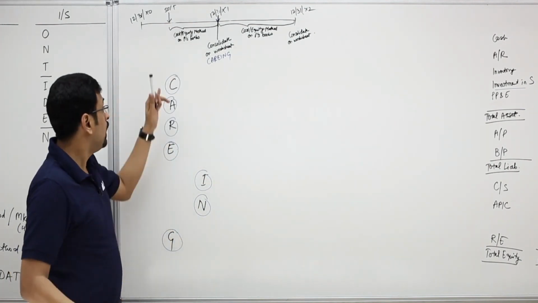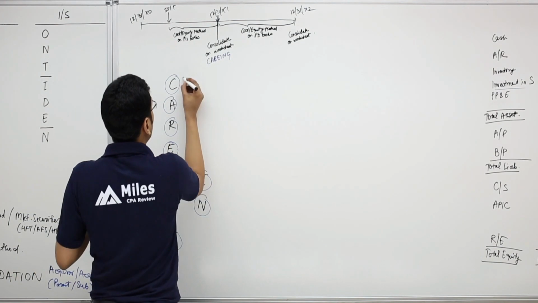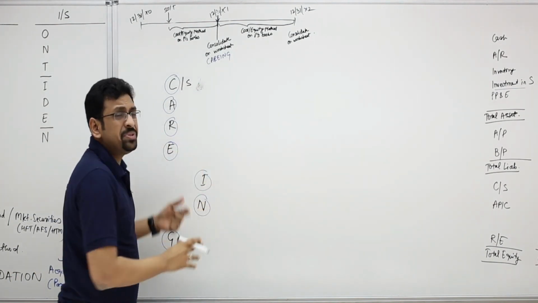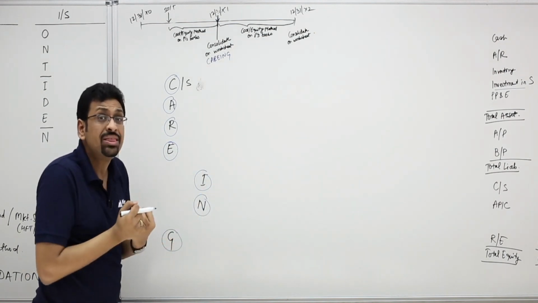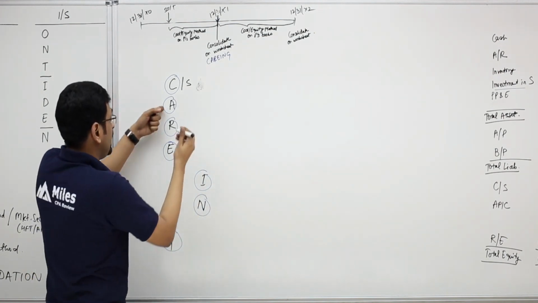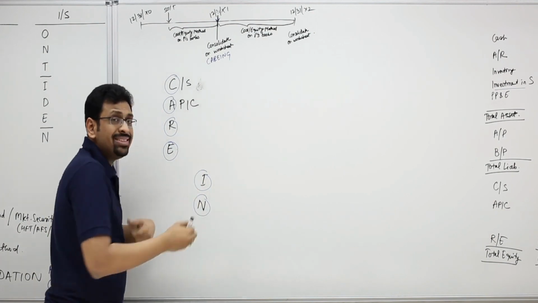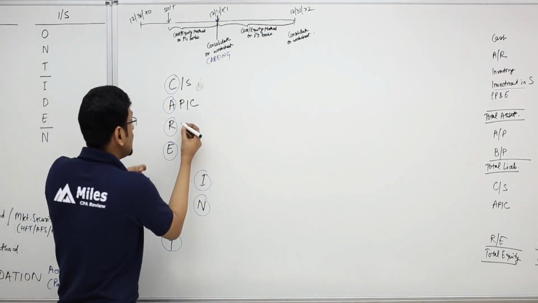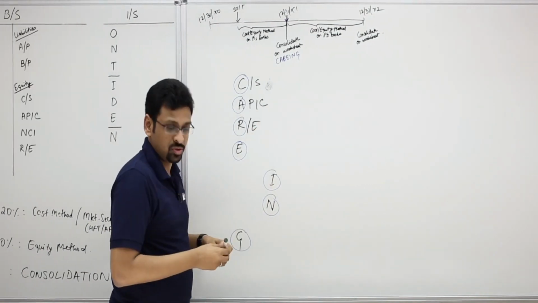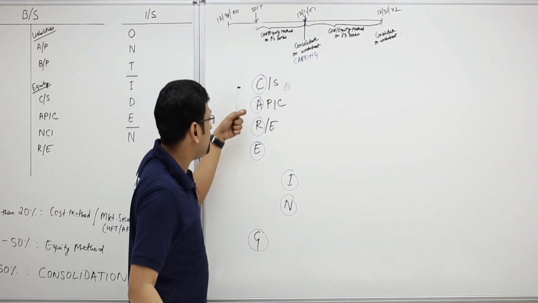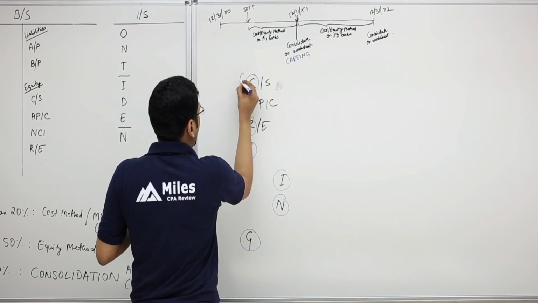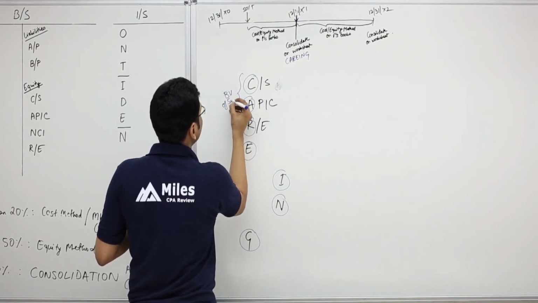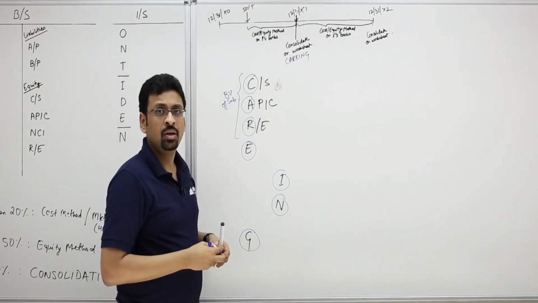Now C stands for common stock of sub. We don't want the subsidiary's common stock anymore because we own that. That's not outstanding. A stands for APIC. Again, this is the subsidiary's APIC, no longer outstanding. R is the subsidiary's retained earnings. So common stock plus APIC plus retained earnings, you could say all this is the book value of the subsidiary.